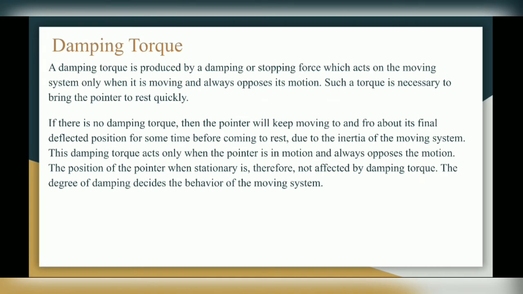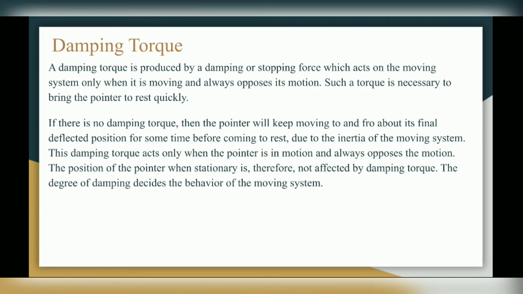If there is no damping torque, the pointer will keep moving to and fro about its final deflected position for some time before coming to rest, due to inertia of the moving system. The position of the pointer when stationary is therefore not affected by damping torque.